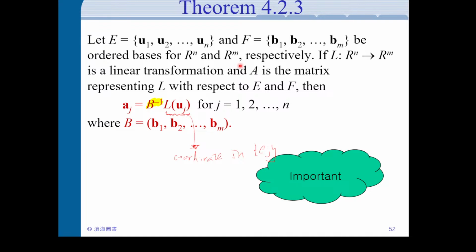We want to find the linear transformation with respect to the coordinates in these bases. This is something like a change of basis in Rn and Rn.